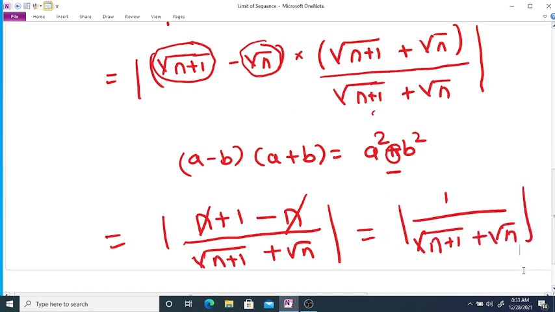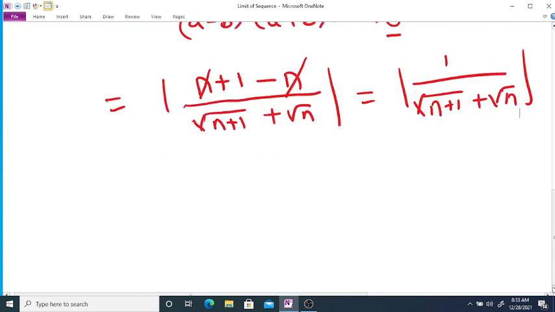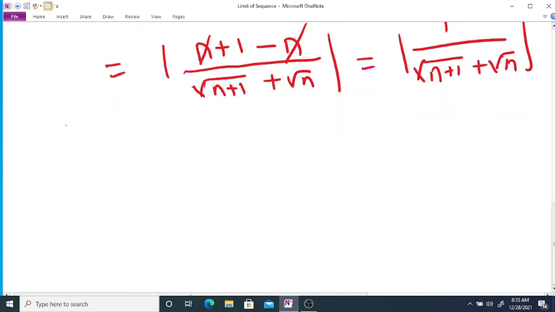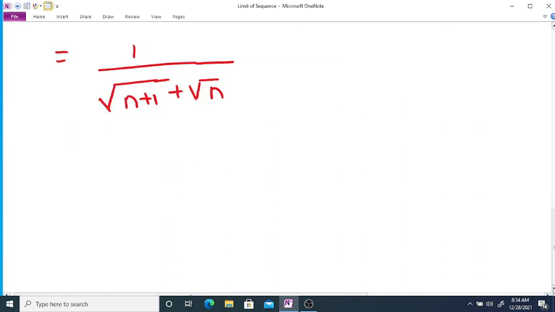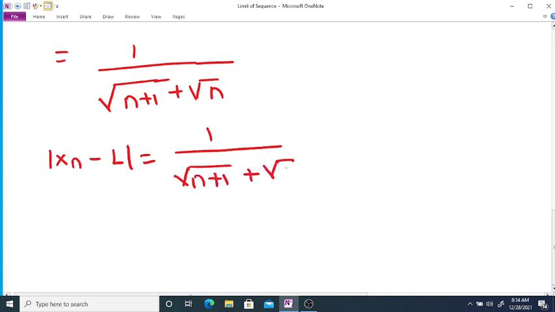Therefore xn minus L is equal to 1 divided by square root of n plus 1 plus square root of n. Say this is equation number 1.